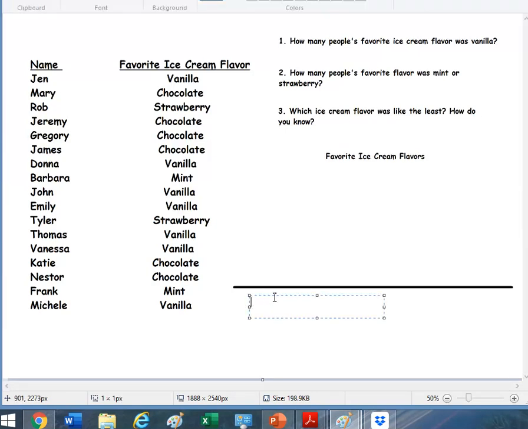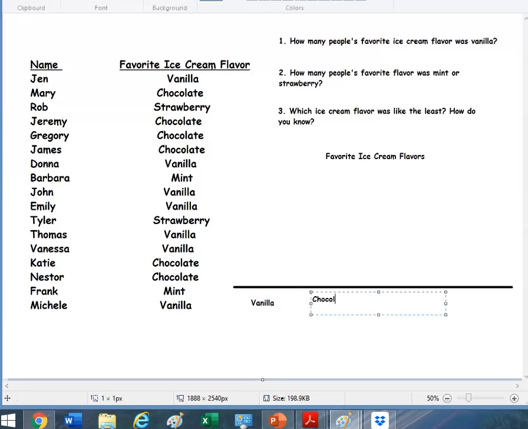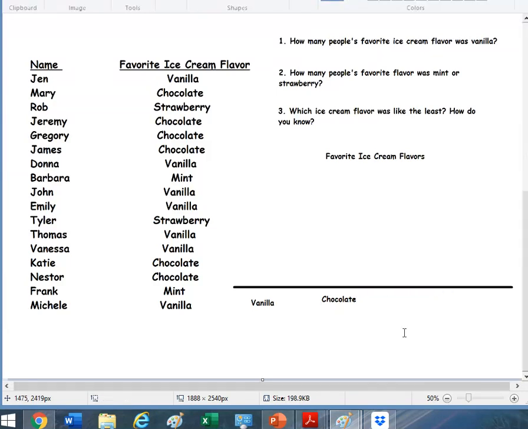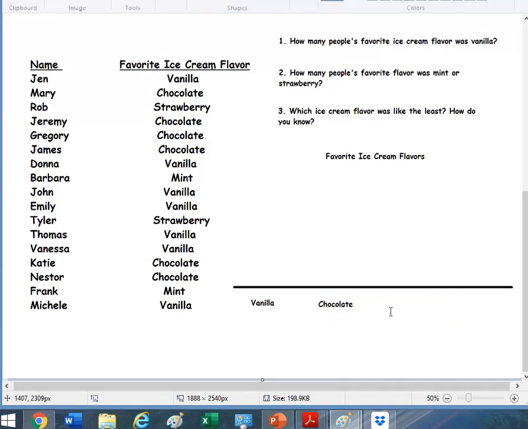So this one we'll name vanilla. And here we'll put chocolate. I can spread these out a little more. Chocolate. Let's try to make it even. Like that. Okay.